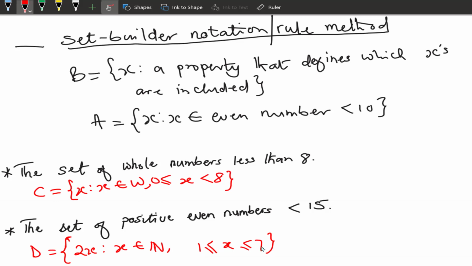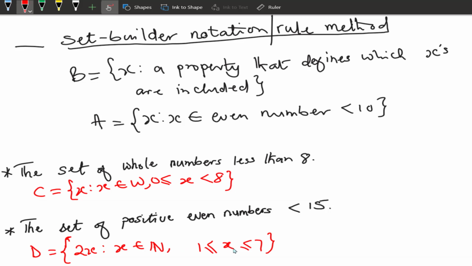Okay, so any value of x between 1 and 7 will give us an even number that is less than 15. So let's look at 1. 1 times 2 will give us 2, which is within the range, and it is less than 15. If x is 2, 2 times 2 will give us 4, which is less than 15.